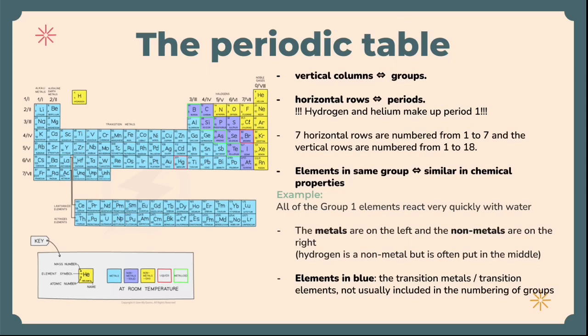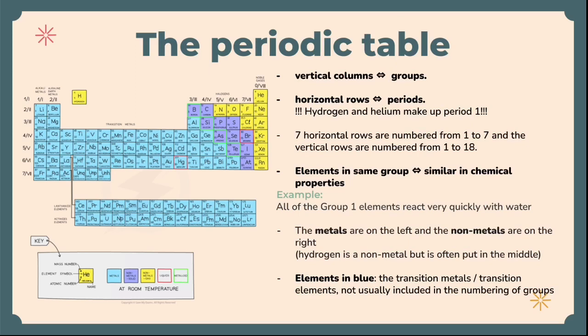The elements are placed in a particular group because of the way they react and the chemical properties of the group elements. For example, group 1 elements react very quickly with water. Elements in the middle are called transition metals or transition elements.